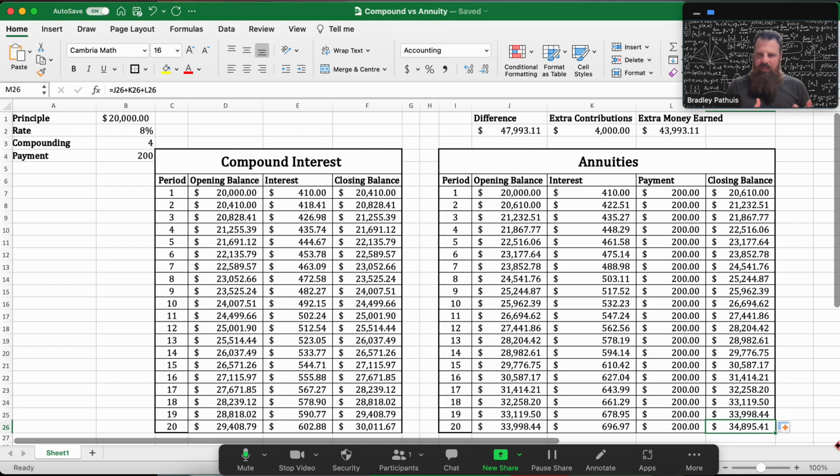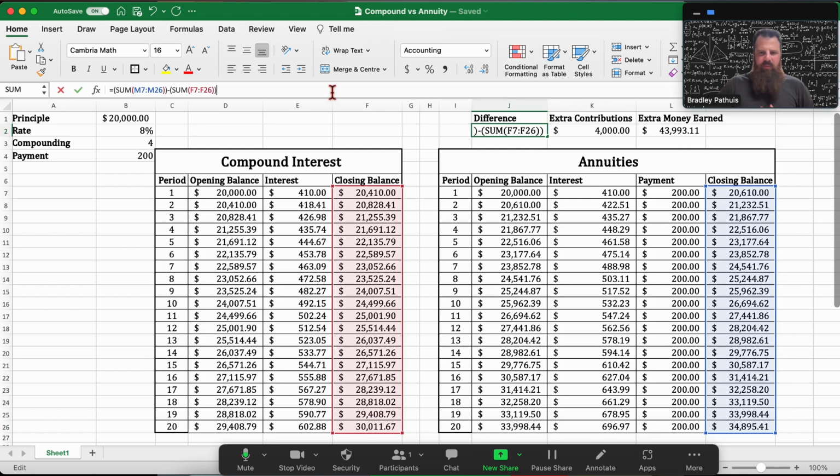This one's grown by $4,895 more than this account has, because I've also been adding regular payments, and that's something we'd expect.